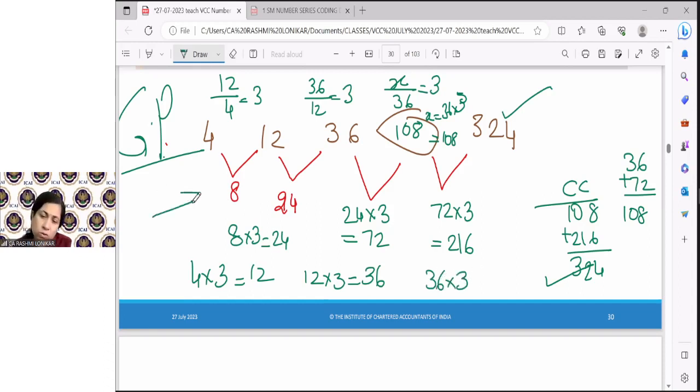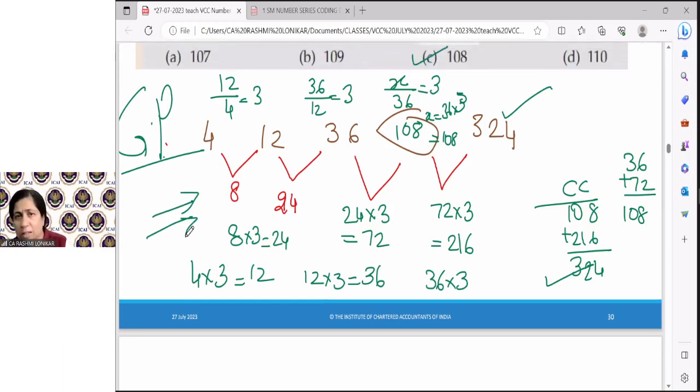Why I always show this method is sometimes because when I'm practicing, I tend to use addition subtraction more. So even then you will get the answer. This GP is correct. This is also correct. So whichever method you can use to get the final answer and get those elusive marks, that is the best thing that can happen.